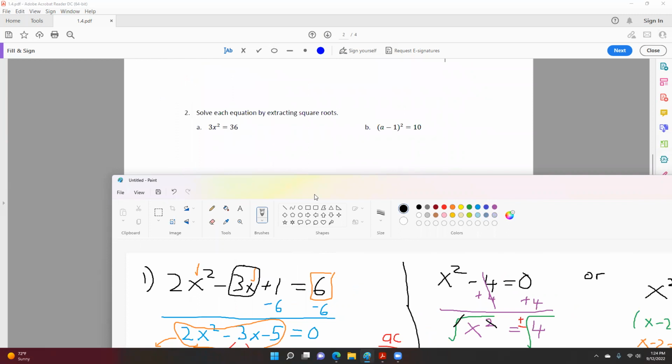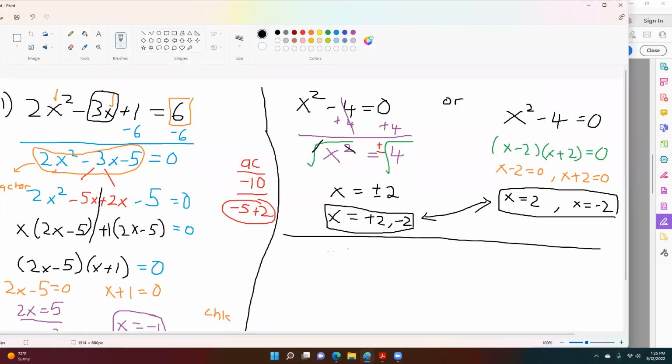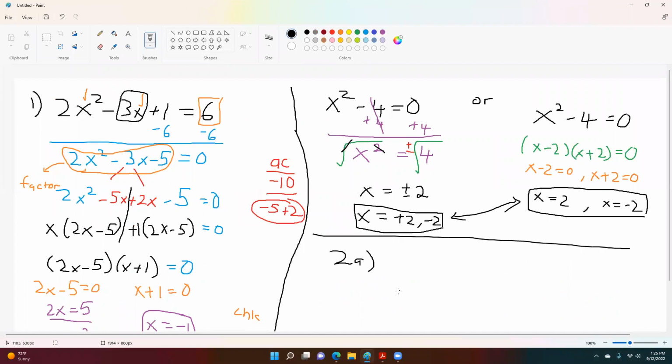Okay, so let's take a look at question number 2 here. You have to solve this equation using the extracting the square root. So I'm going to do 2a here. We will have 3x squared equals 36.